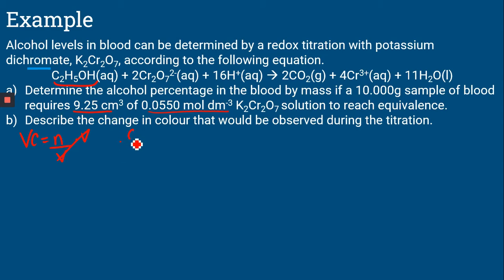So it would be 0.00925 decimeters cubed for our volume. And we're going to multiply that by our concentration. And we would have 5.09 times 10 to the negative 4 moles of our potassium dichromate.